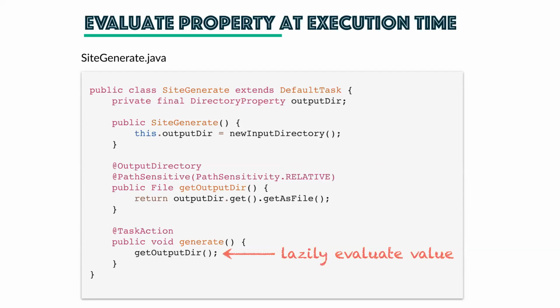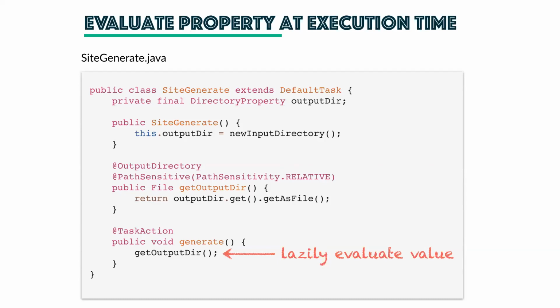You can see in the task action down here in the generate method, we actually call the get output directory method, which actually will get the value of that property. You can see the get method call basically retrieves the value and gives us the file representation of that property.